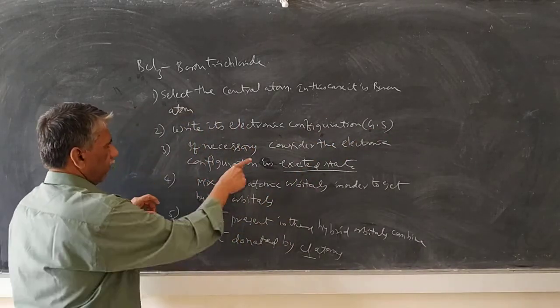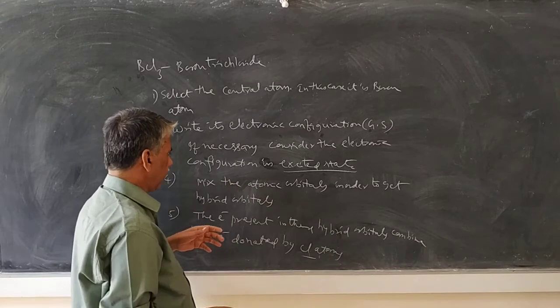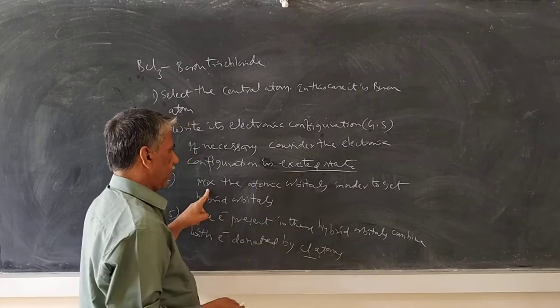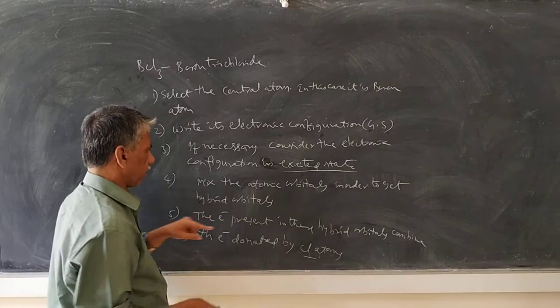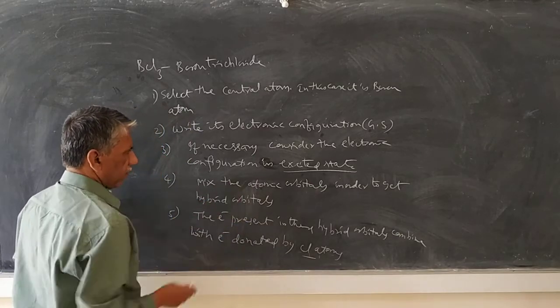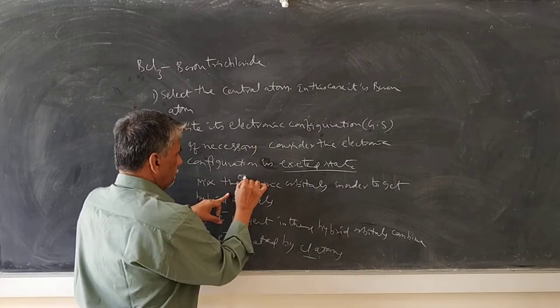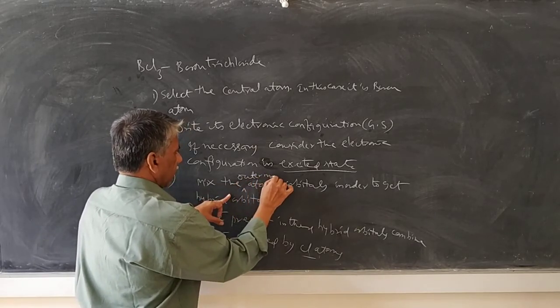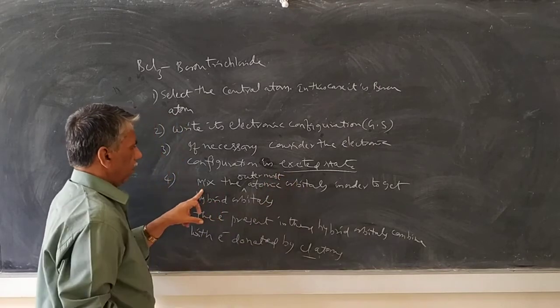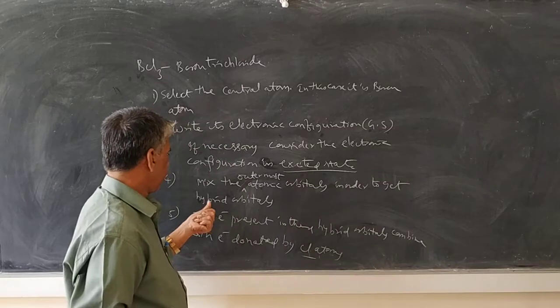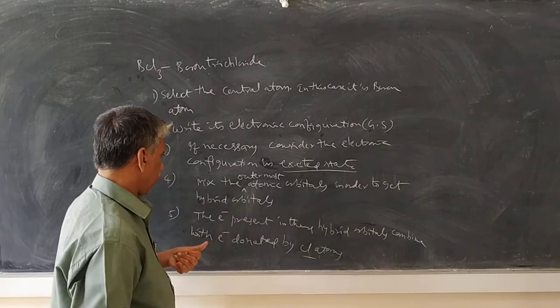The ground state configuration is sufficient. Next, after writing the electronic configurations, you mix the atomic orbitals in order to get hybrid orbitals. Here, let me also tell you to mix the outermost orbitals. Let me write. Mix the outermost atomic orbitals in order to get hybrid orbitals.